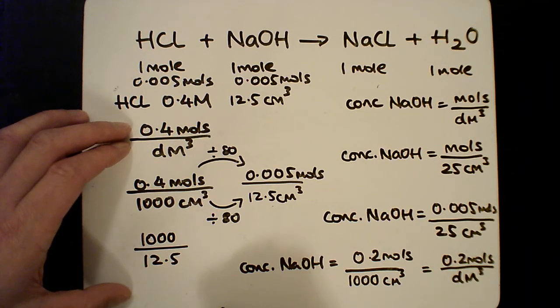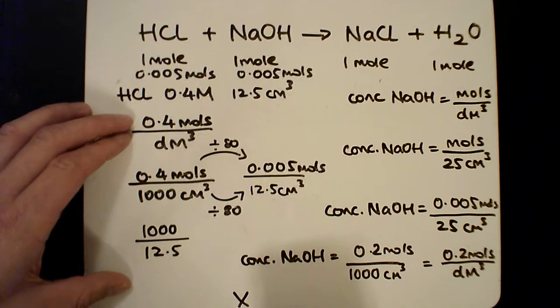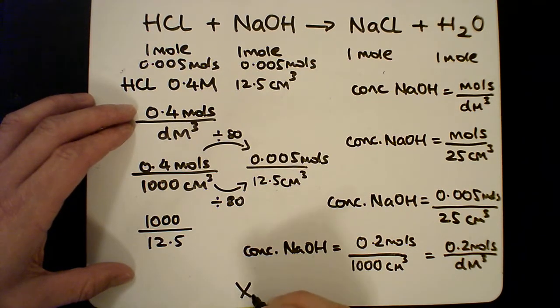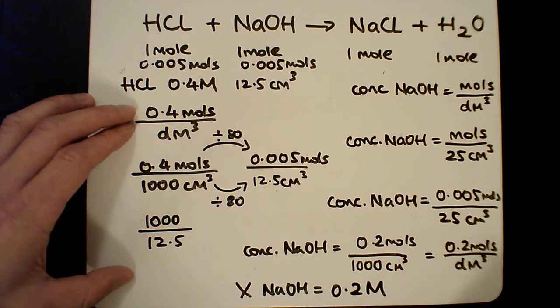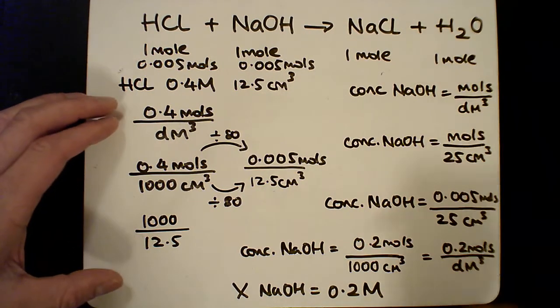So now we know that X, which is the concentration of sodium hydroxide, is equal to 0.2 molar. Hopefully that makes sense.